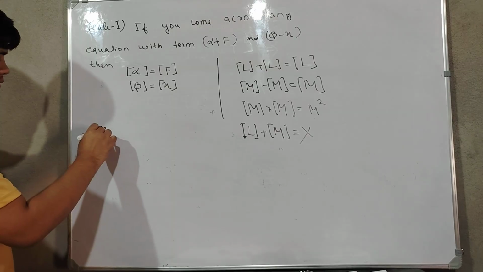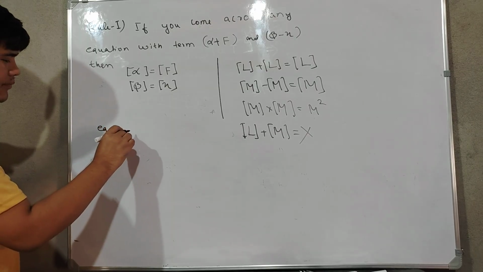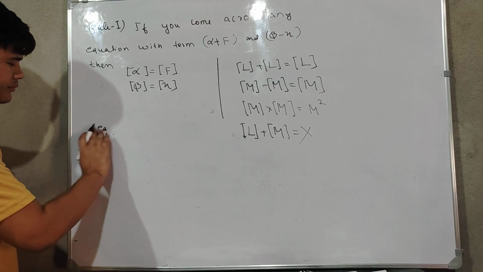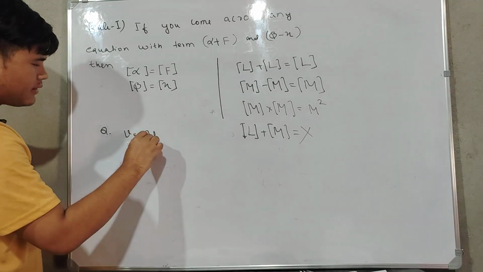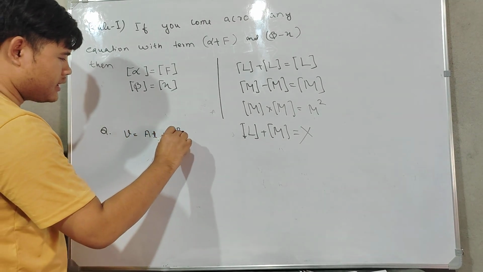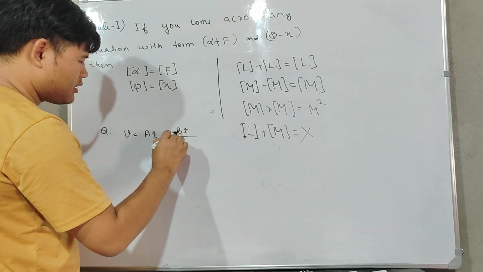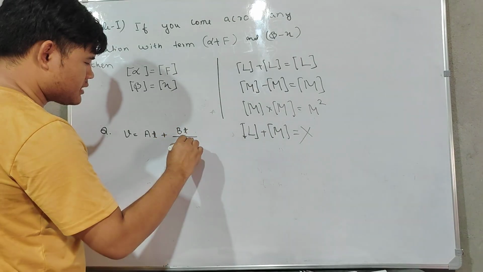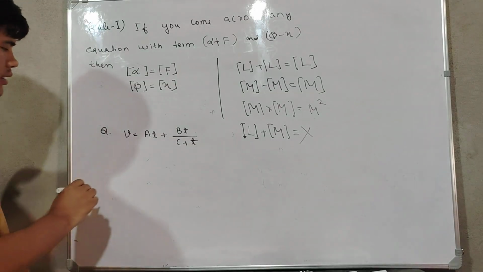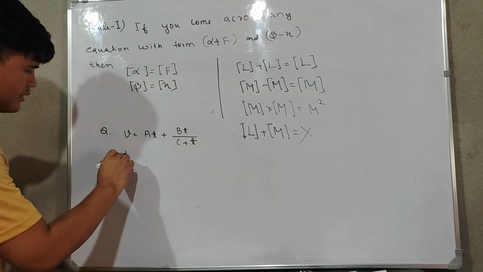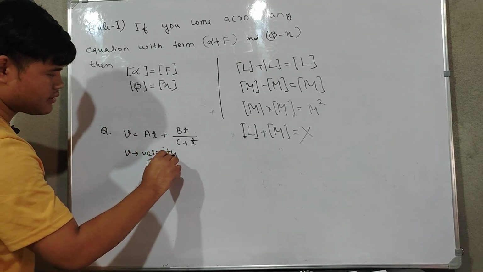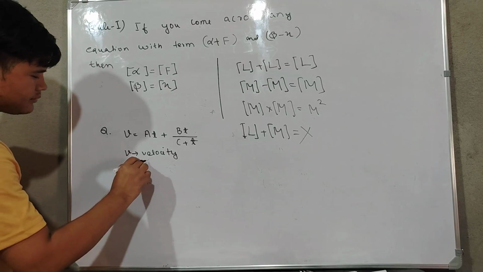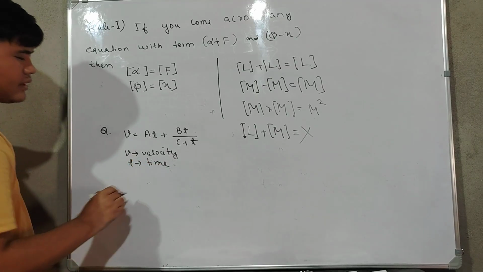So the example is, we have the question: v is equal to at plus bt by c plus d, where v is the velocity and t is the time.